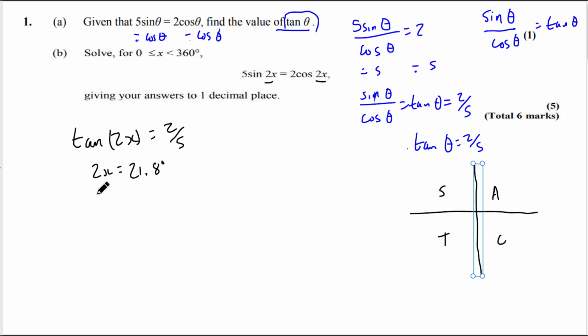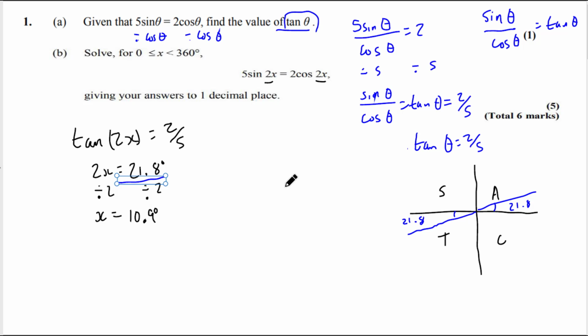Now that says 2x, so we do need to divide by 2, so one solution is x equals 10.9. Now using our cast diagram, remember tan is positive here and here, and we need to use this in our solutions and then solve later.